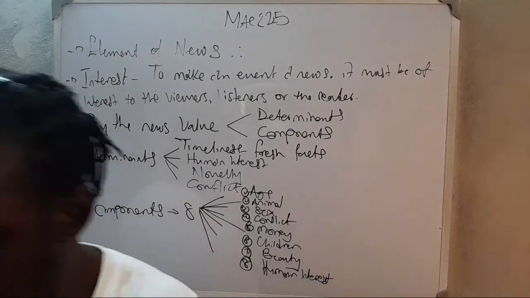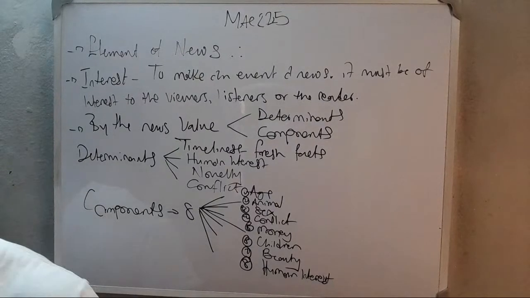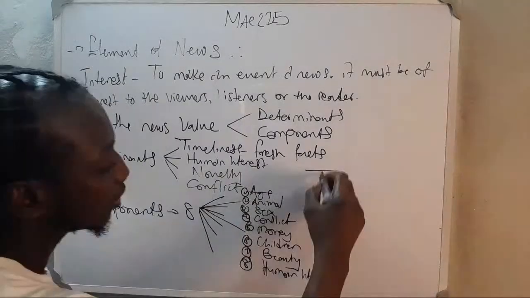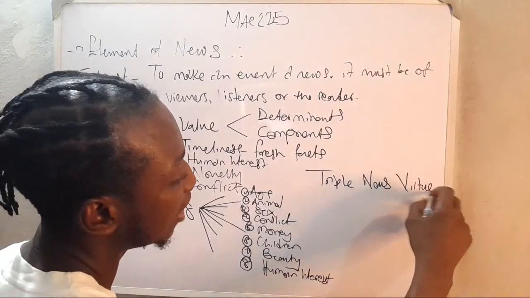Now that what news is and what determines readers' interest in a story have been discussed, reporters should strive to make the news they publish or broadcast win the credibility and confidence of their readers and listeners by adhering firmly to the triple news virtues.